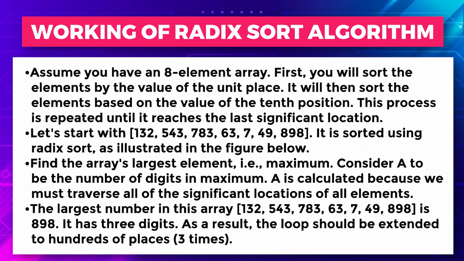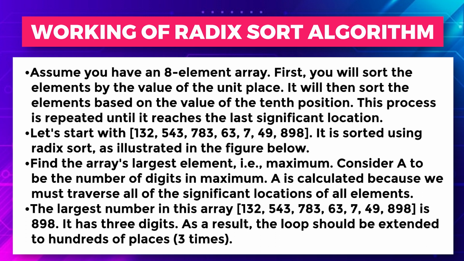Let's start with numbers like 132, 543, 783, 63, 749 and 898. It is sorted using Radix sort. As illustrated in the figure, we find the largest element of the array, that means the maximum. Consider A to be the number of digits in the maximum.